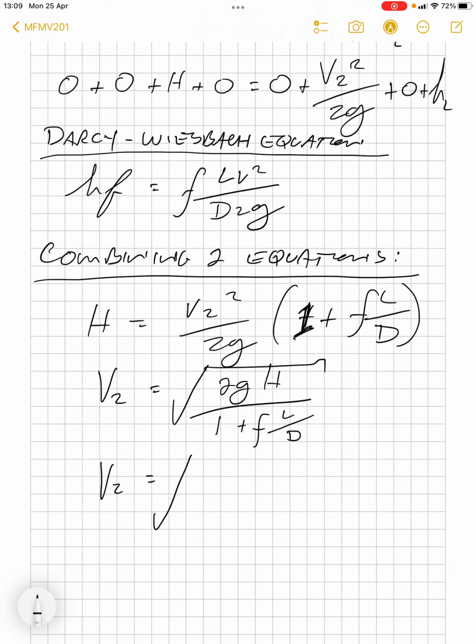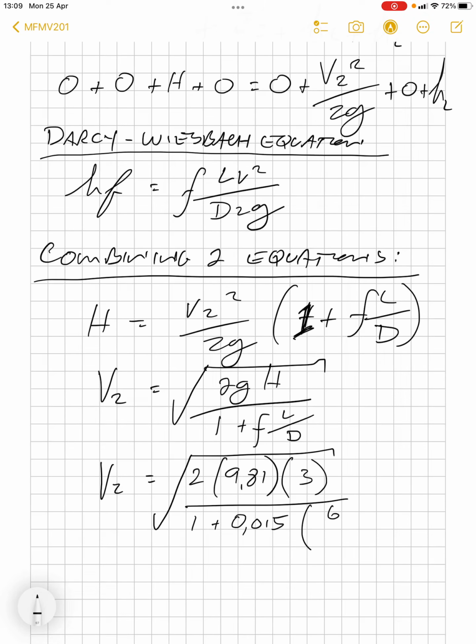Let's substitute 2 times 9.81, which is our g value. The static height we were given at the beginning is 3 meters. And underneath, in the lower terms, we've got 1 plus our f value, 0.015, times L over D, a 6 meter long pipe.